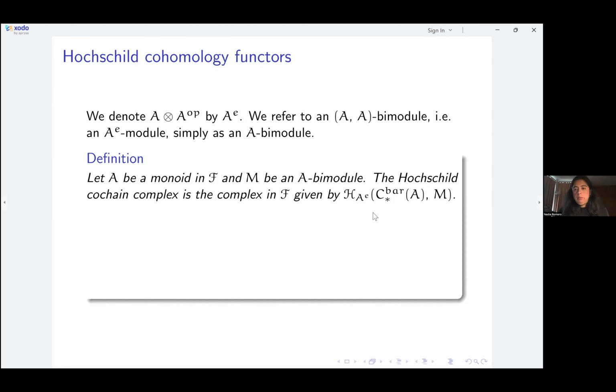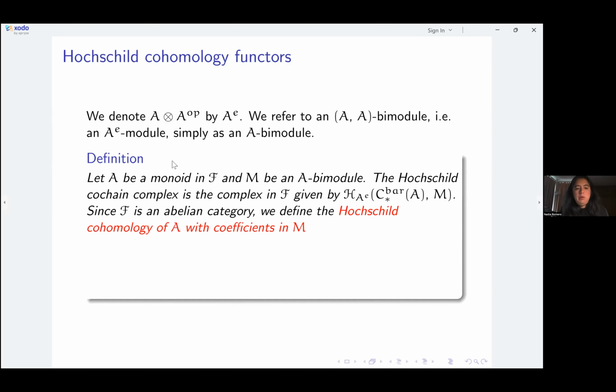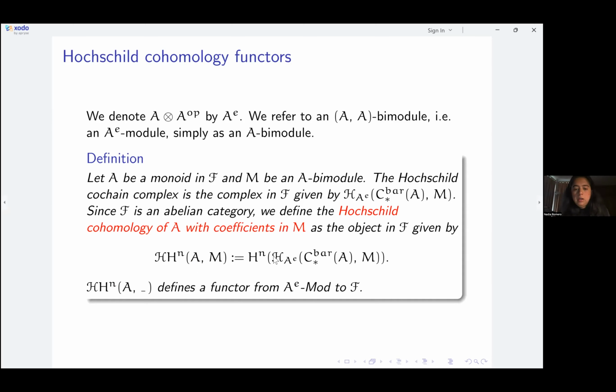So our complex is a complex of bimodules, and we can take this Hom of bimodules we defined before with respect to M. And the good thing is that since F is an abelian category, we can define the Hochschild cohomology of A with coefficients in M as the cohomology of this complex in F, whatever it is.